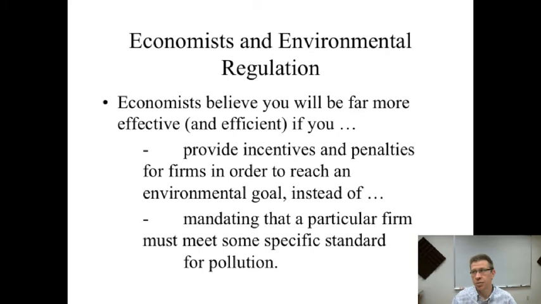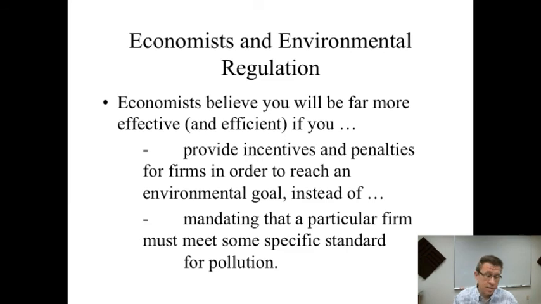I don't care who's polluting as much as how much is in the air. If you want to cut it down by 200,000, who cares how you get there from your point of view? It shouldn't matter whether firm A is cutting from 100 units to 0, and firm B is not cutting at all, or they're each cutting 50 units. The net result, in total, is you've cut out 100 units of pollution.